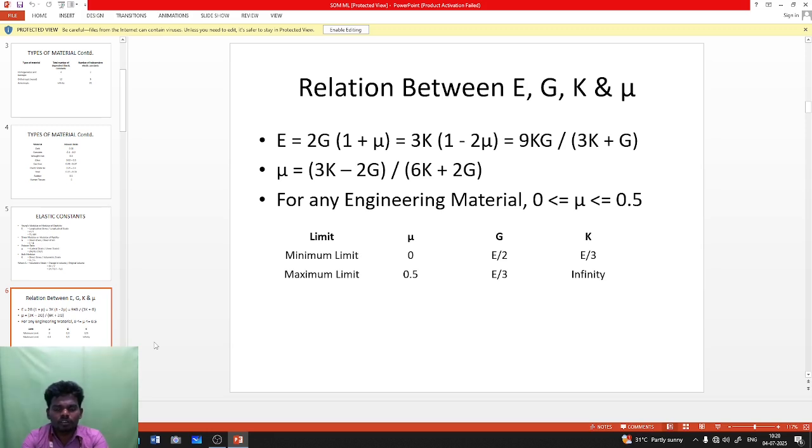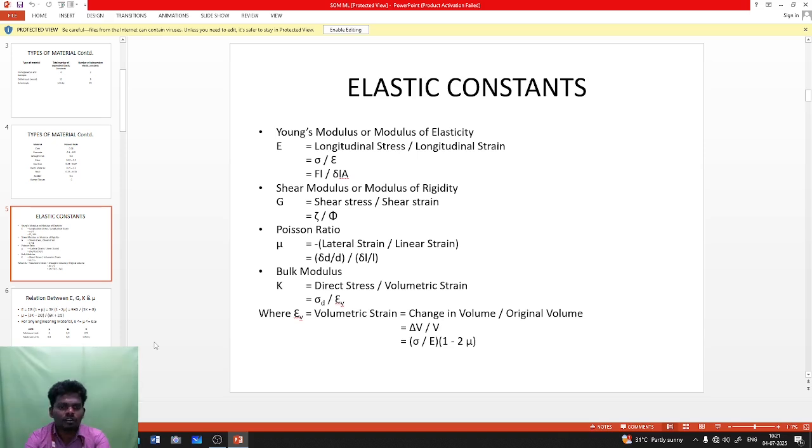The relations between all four constants E, G, K and mu are: E is equal to 2G into (1 plus mu), which is equal to 3K into (1 minus 2 nu), also equal to 9KG divided by (3K plus G), and mu is equal to (3K minus 2G) divided by (6K plus 2G), where K is the bulk modulus and G is the shear modulus.